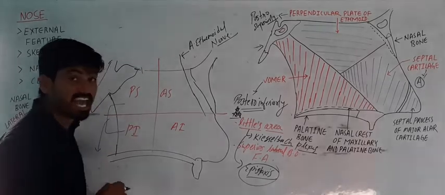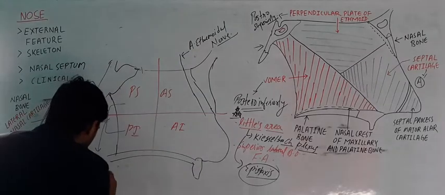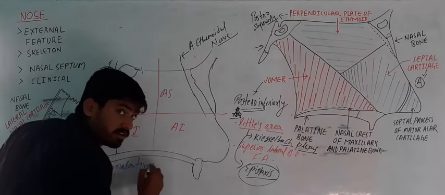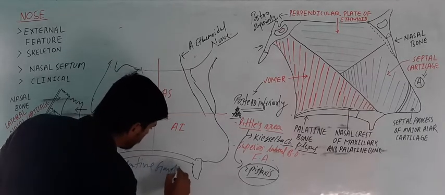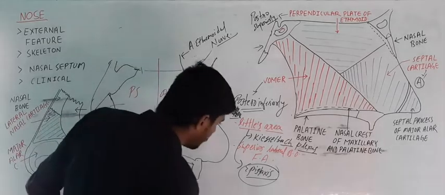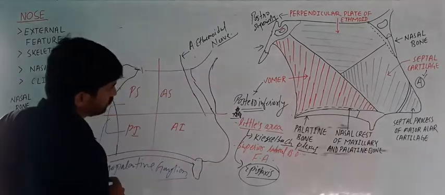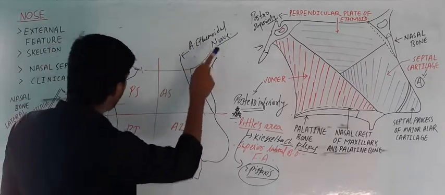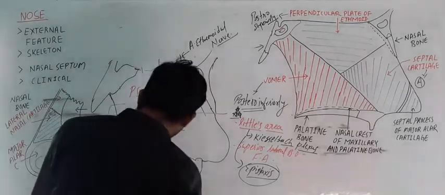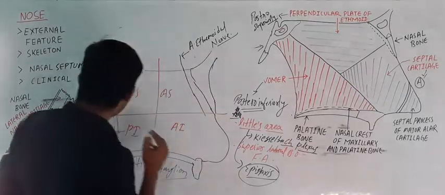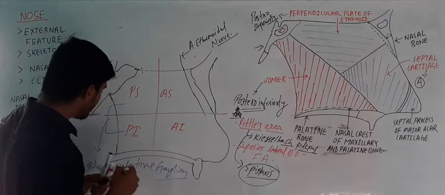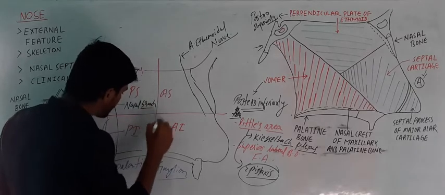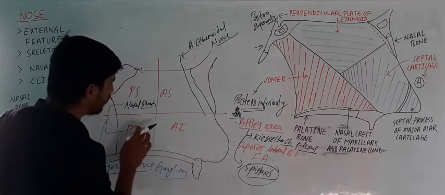This is supplied by the pterygopalatine ganglion. Pterygopalatine ganglion. Okay. So you have to remember, this is the ethmoidal nerve, and both of these are from the pterygopalatine ganglion. From here, the nasal branch of the pterygopalatine ganglion, and this is what?